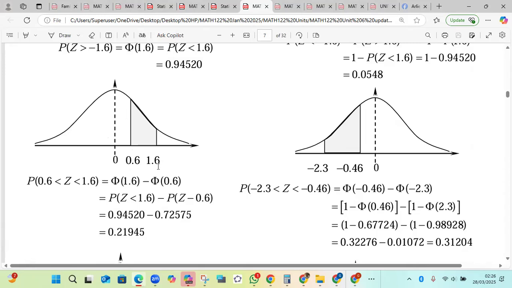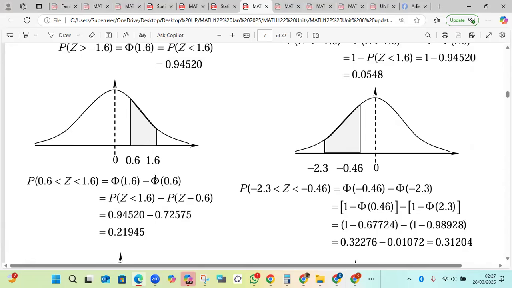As you can see, phi of 1.6 is a greater area, so you have a greater probability for phi of 1.6, that is z less than 1.6. So therefore, the difference between phi of 1.6 and phi of 0.6 will give us the area that we are looking for.